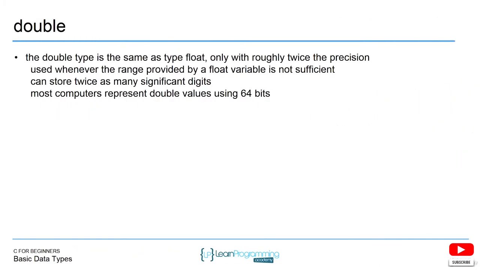A double, very, very similar to the float. It stores decimal numbers, decimal places. The only difference is it's larger. So you can store larger numbers. And again, that would mean that it collects more data in memory. So you want to use a double whenever the float is not sufficient. It's too small. So say a float stores, depending on your architecture, say a float stores 8 bytes.